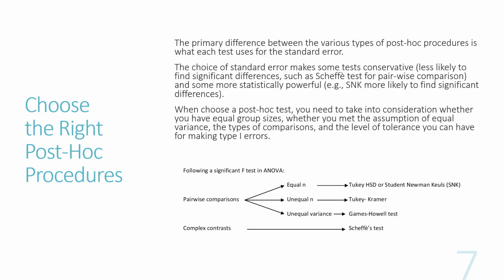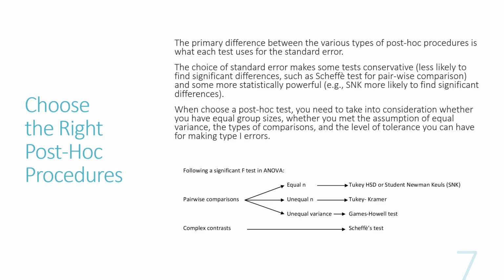In this video, I'm going to introduce a variety of post-hoc tests, including the Tukey HSD test, the Student-Newman-Keuls (SNK) test, the Tukey-Kramer test, the Games-Howell test, and the Scheffe test. The primary differences between these procedures lie in what value each test uses for the standard error.